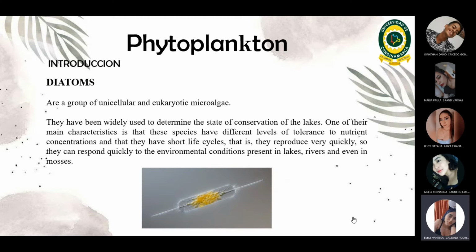They have been widely used to determine the state of conservation of lakes. One of their main characteristics is that these species have different levels of tolerance to nutrient concentrations and that they have short life cycles. That is, they reproduce very quickly, so they can respond quickly to the environmental conditions present in lakes, rivers, and even in water masses.